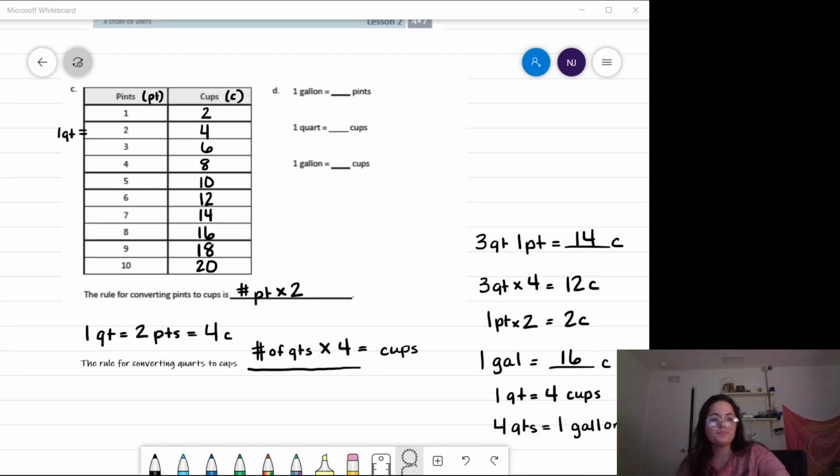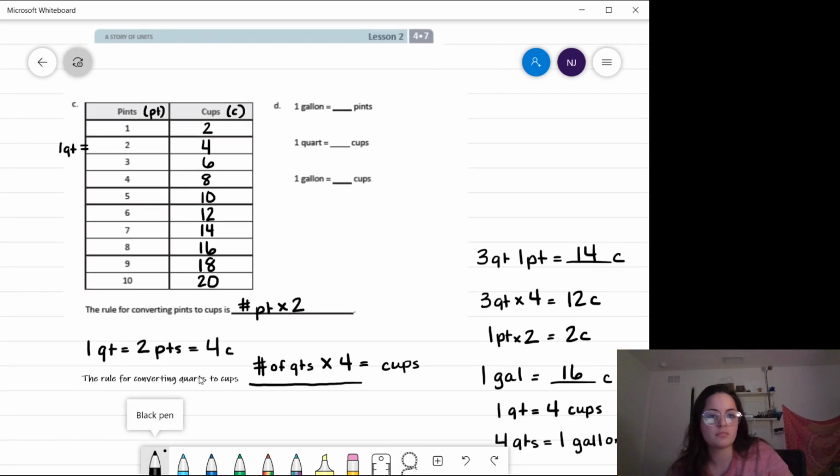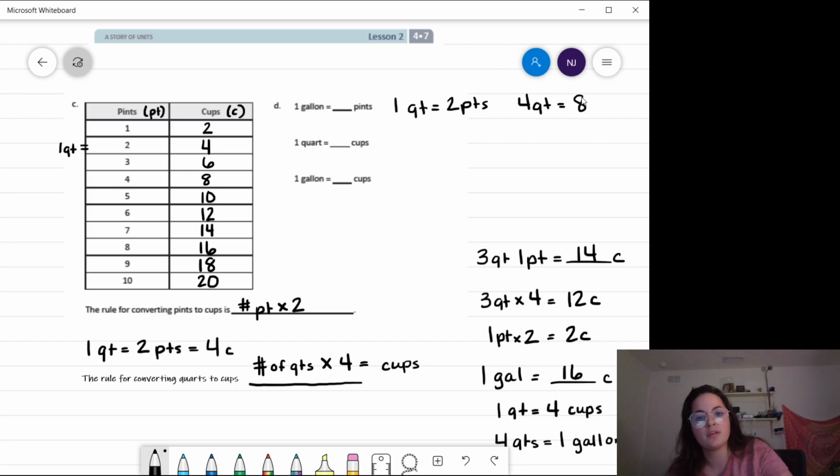All right, so here we had said that 1 quart is equal to 2 pints. And we know that 4 quarts are in 1 gallon, so that means that 4 quarts is equal to 8 pints.